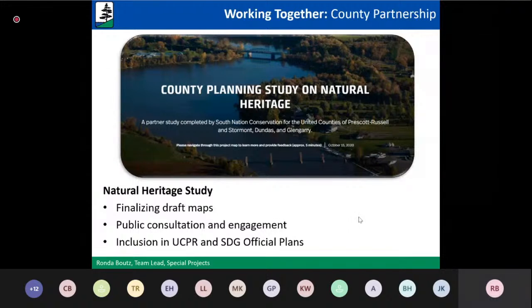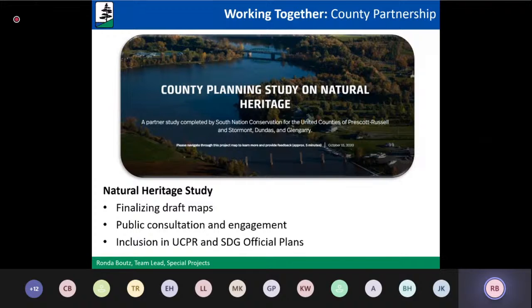In 2020, and we're wrapping up in 2021, we started a partnership with both the United Counties of Prescott-Russell and the United Counties of Stormont, Dundas, and Glengarry to complete a natural heritage planning study. Again, our team is working with the municipalities to map things like connective features across the landscape. They're finalizing the draft maps right now, and we will be doing public consultation and engagement over the winter.